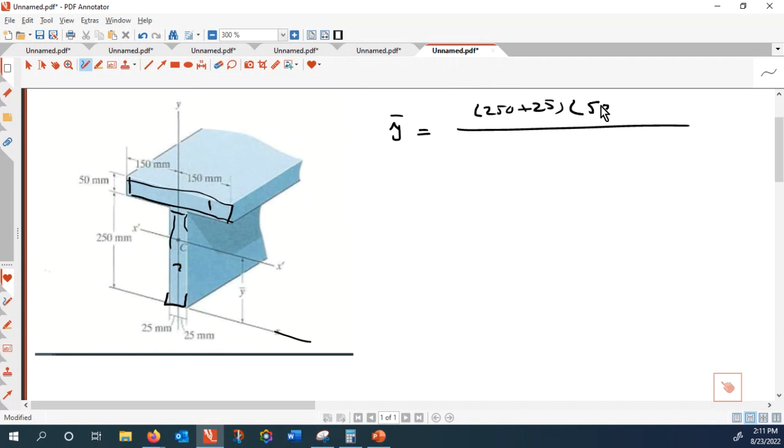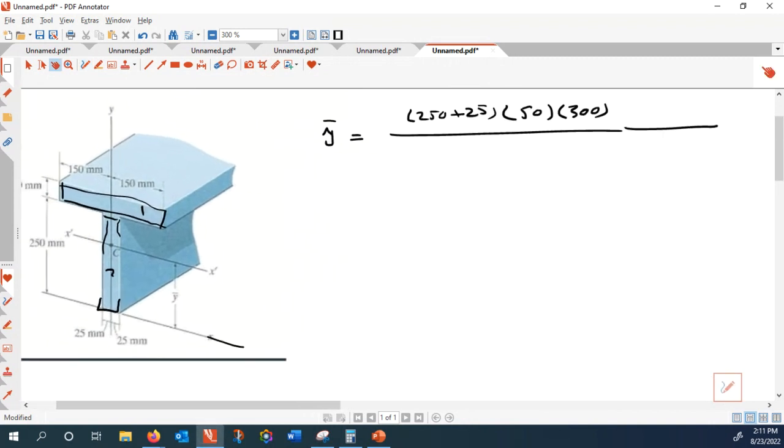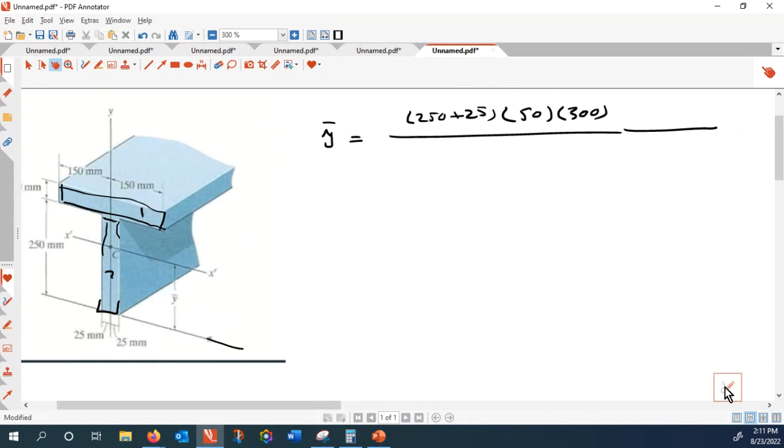The area is 50 times 300. That's for the first shape. And for the second shape, what is the y bar of the second shape? It is 250 with respect to the bottom.